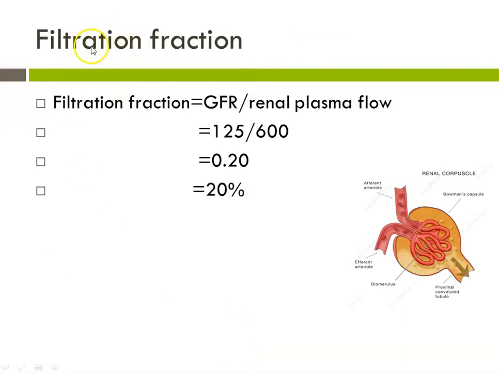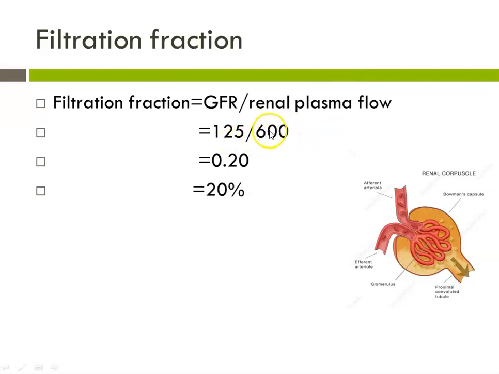Next, you have to know the filtration fraction. The filtration fraction is the ratio of the glomerular filtration rate and the renal plasma flow. You already know the glomerular filtration rate is 125 ml per minute, and the renal plasma flow is 600 ml per minute.